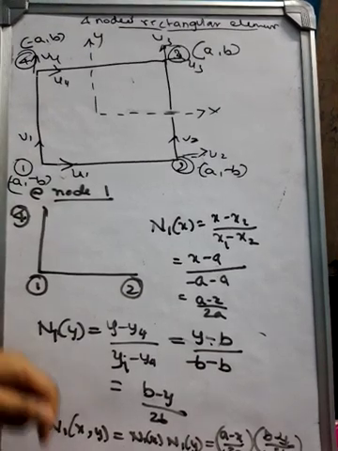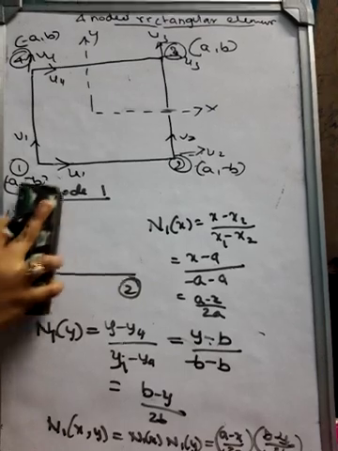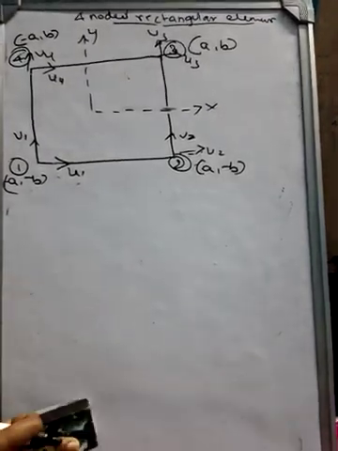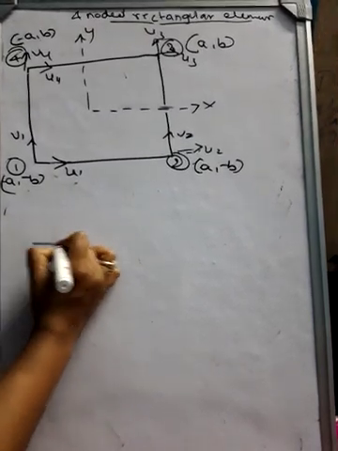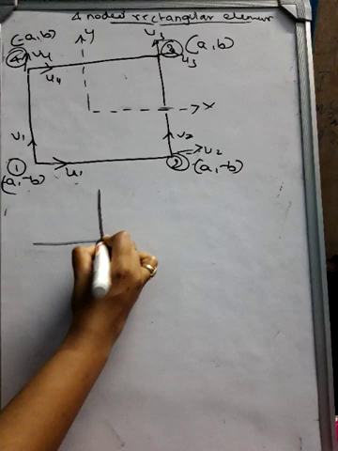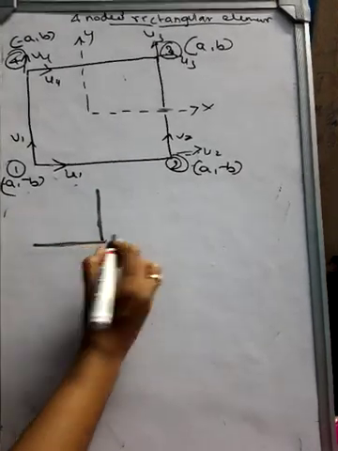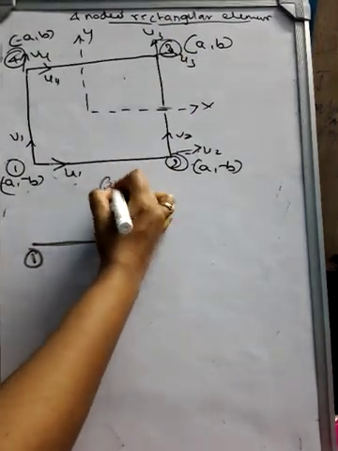Okay, so this is how we are going to calculate the value of N1. Now we are going to calculate the value for N2. To calculate the N2 value, we are going to write the figure for N2 here. So this is the second node and this is first, and here it is third.